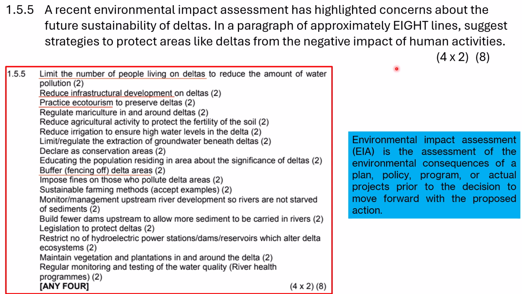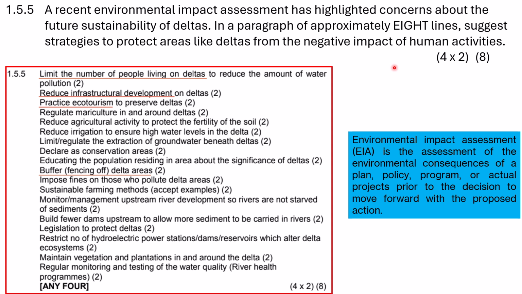Question 1.5.5 was the one that was quite a challenge. It says a recent environmental impact assessment has highlighted concerns about the future sustainability of deltas. In a paragraph of approximately 8 lines, suggest strategies to protect areas like deltas from the negative impact of human activities.